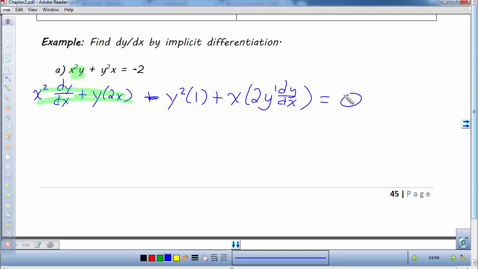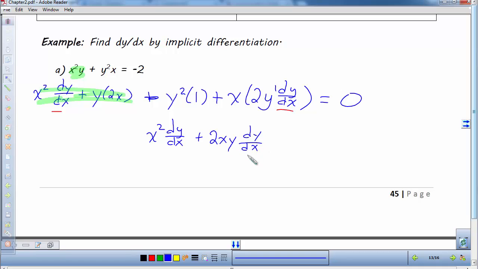Okay, now notice in this one, I've got dy dx in 2 different terms. So I'm going to put those terms together on one side and everything else on the other side. So I've got x squared dy dx plus 2xy dy dx.